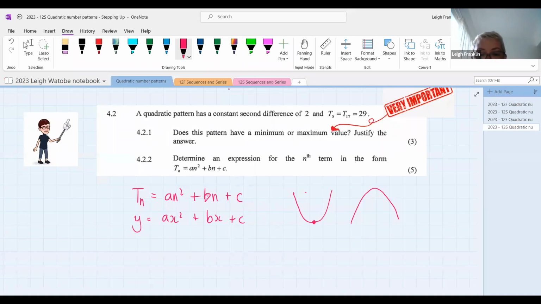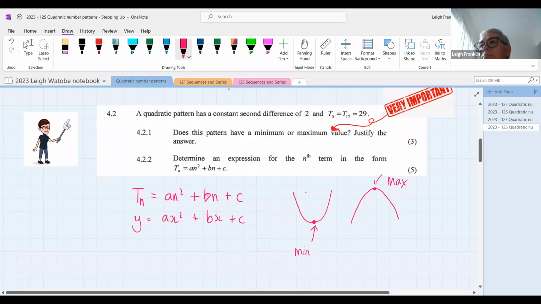If it is a smiley face, then this over here is what is referred to as its minimum. If it has a happy face, then that over there is what is referred to as the maximum. So if I say to you, what is the maximum of, and I give you a parabola, I'm asking you for the biggest number that that rule can generate.